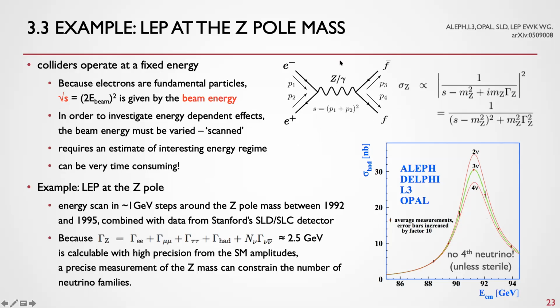So the Z boson, as it is produced in e plus, e minus, can decay to electrons, to muons, to tau leptons, to hadrons, and it can also decay to neutrinos. And here's why this is interesting: the width of the Z boson depends on the number of neutrinos in the standard model.